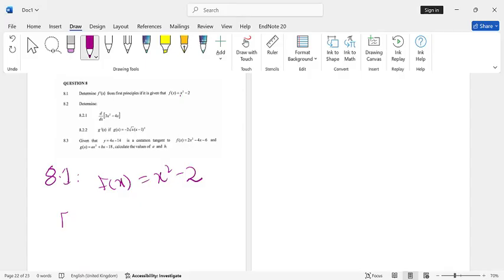So I'm just going to show the formula: f prime of x is the limit as h approaches 0 of f of x plus h minus f of x, over h. Okay. So I'm just going to put the values into this equation.